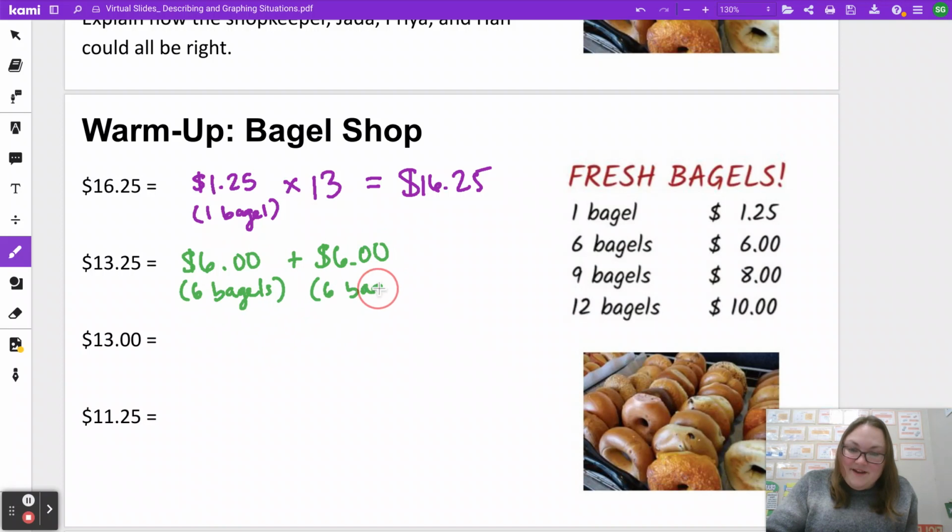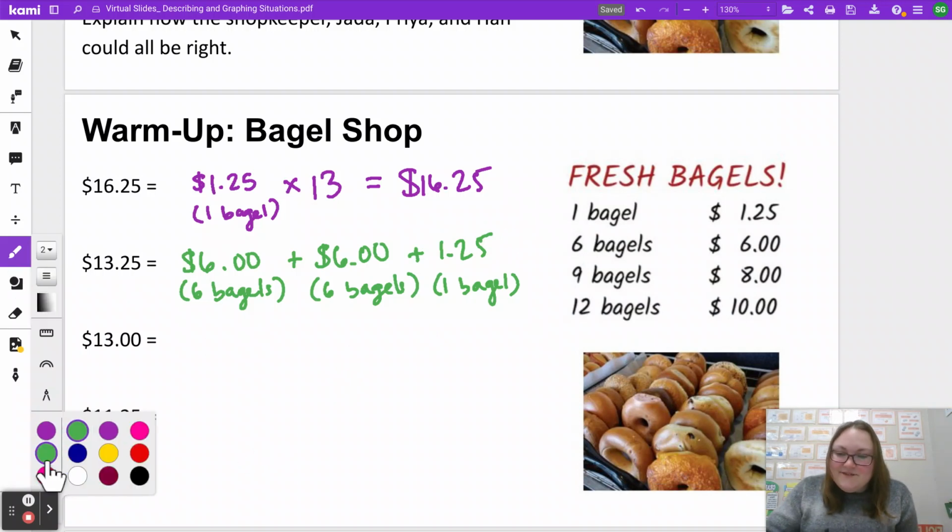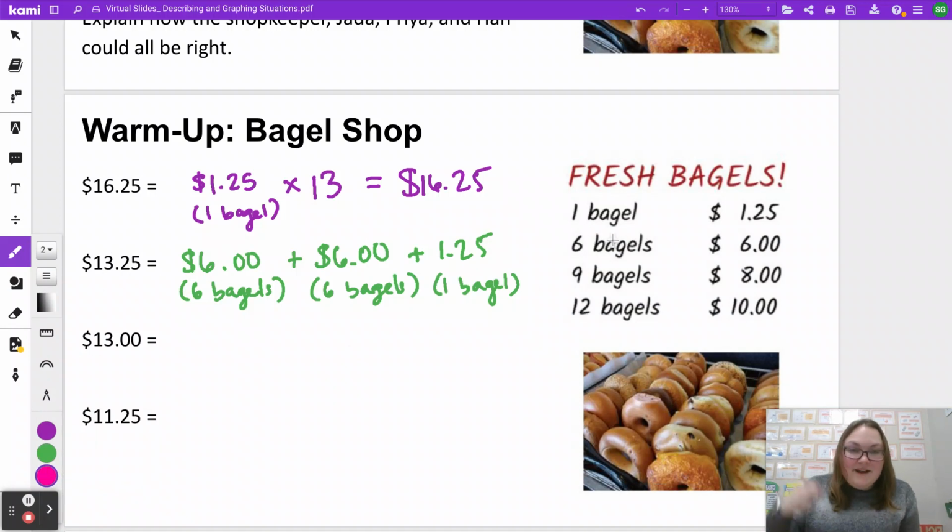That's another 6 bagels. So now we have 12 bagels. And then for our final bagel we need to get to 13, instead of grabbing that bag of 6, you're just grabbing one individual bagel for $1.25. And if you add all of that up, you get that $13.25. So they were using those bags of 6 bagels to get them to 13.